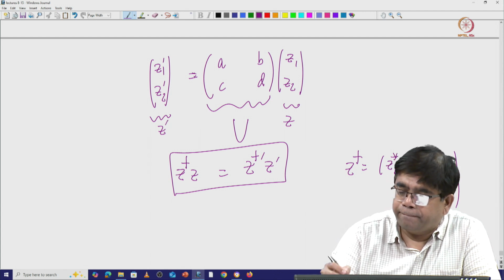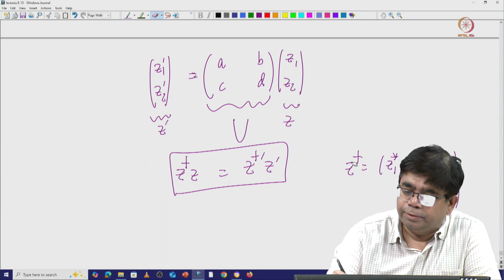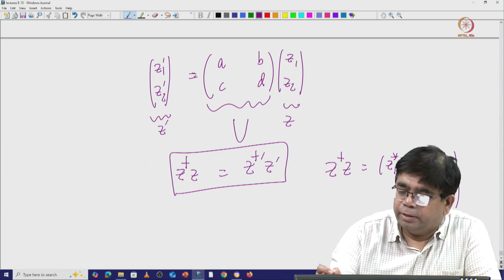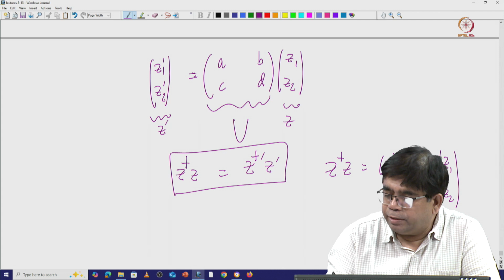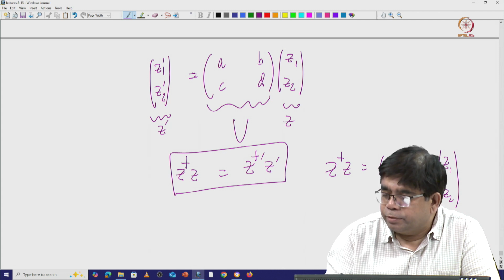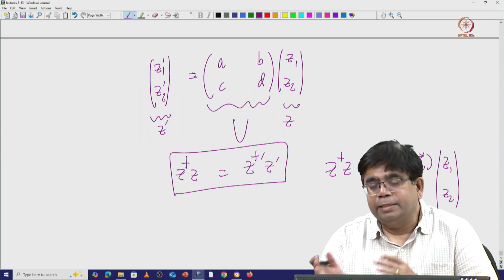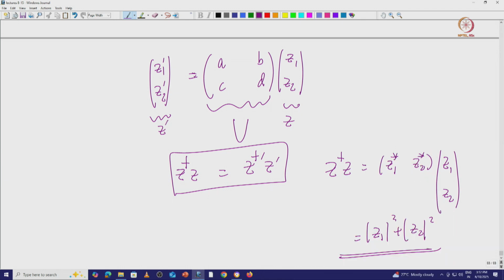So z dagger z is equal to the modulus squared of z1 plus the modulus squared of z2. This is exactly like the length of the vector, but it is called the norm of the vector.